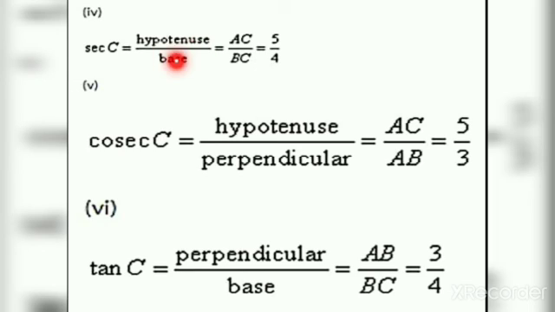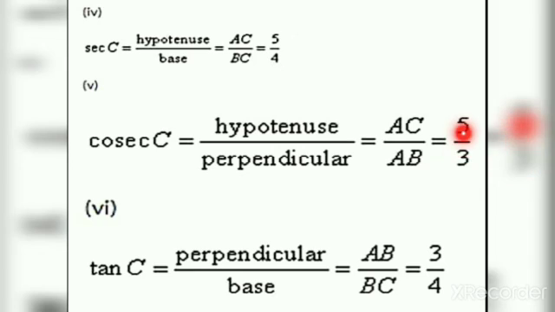Secant is hypotenuse divided by base, that is AC divided by BC. The length of AC is 5 and BC is 4, so 5 divided by 4. Cosecant is hypotenuse divided by perpendicular. The hypotenuse is AC, which is 5, and the perpendicular is AB, which is 3.